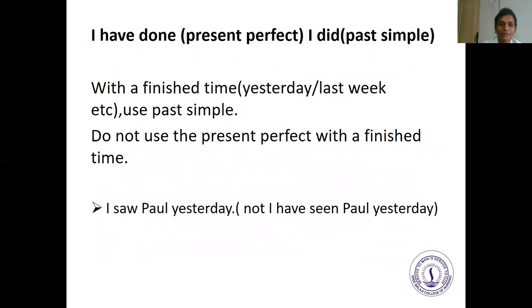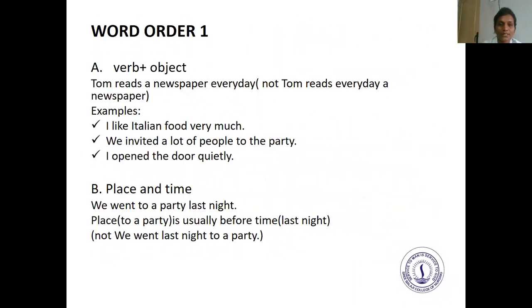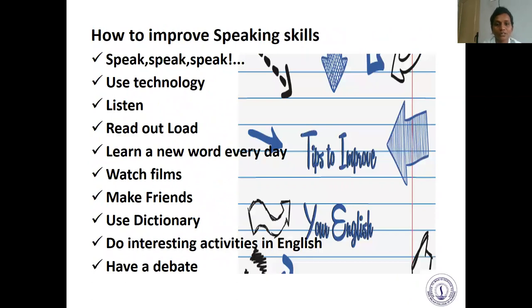And I said how to improve your speaking skills. Errors may be obvious in speaking, but never mind your mistakes. Speak, speak, speak, then only you can correct yourself. Once in a while, speak with your friends and your teacher, make a debate with them, and have interactive communication.